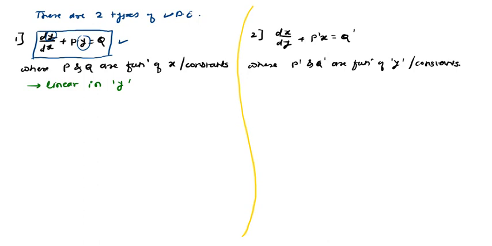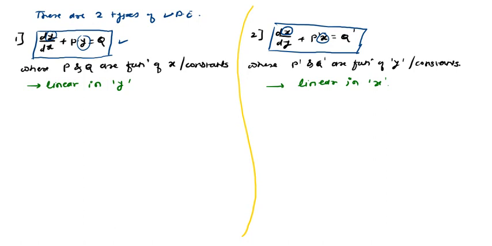And if you observe, in this second type, the dependent variable is x and its degree is 1 everywhere. So that is why we will say this is a linear differential equation, but we will say this is linear in x. Okay, so it completely depends on whether the linear differential equation is linear in y or linear in x. Then we will find its solution depending on in what variable it is linear.